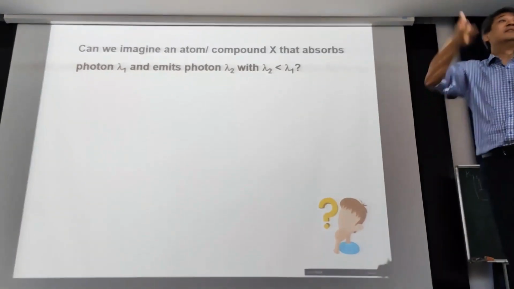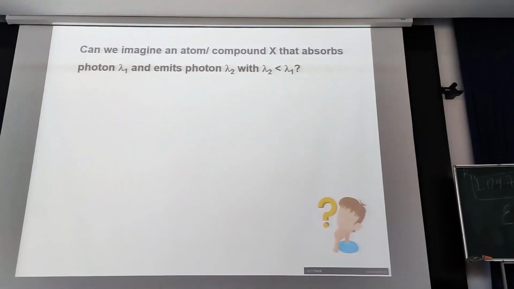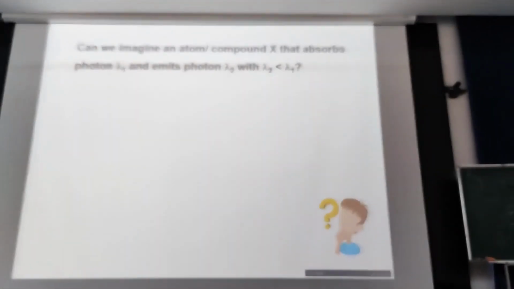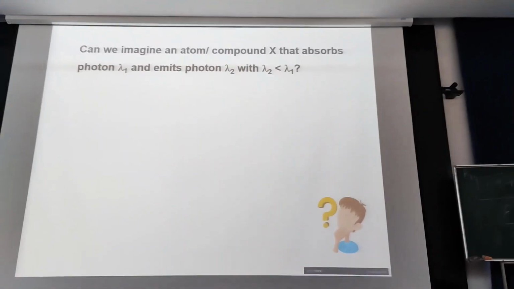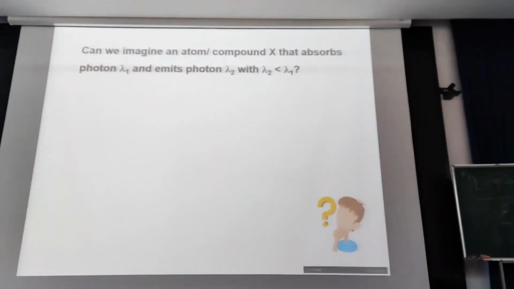Here my question is inverse. Can you imagine that X absorbs photon number 1 and emits photon number 2 with 2 shorter than 1? So you inverse like this.